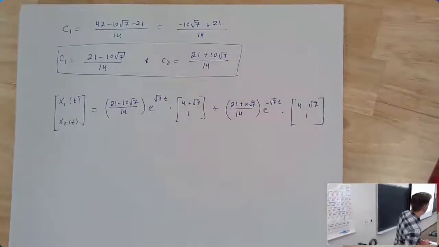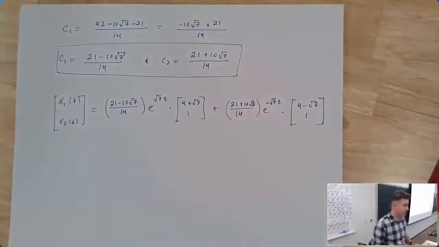Pretty heinous to write out, but again, it's the same sort of steps the whole time. You're just finding the eigenvalues, finding the eigenvectors, finding those constants, and then throwing it all into this formula.